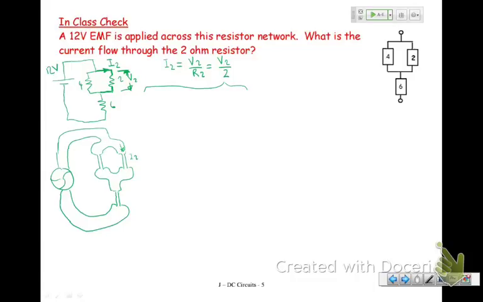So why then is V not the same as 12? Oh, good question. Think of it as water pressure. If there's 12 psi of water pressure there, and this is a nice fat pipe, then there's 12 psi of water pressure there and 12 psi there.